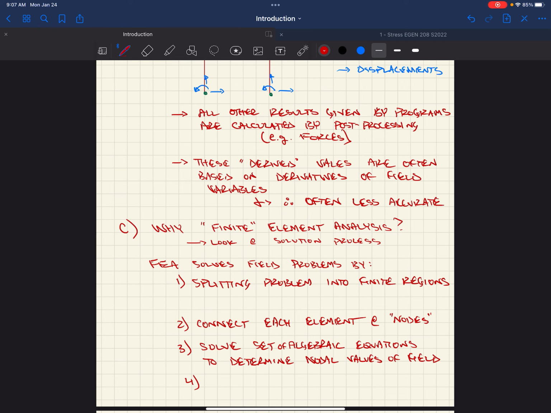If it was displacements or rotations, we break it up into these finite regions, connect them at nodes, and do a bunch of background algebraic manipulations and calculations to figure out what's going on at each one of those nodes, the intersection of each of the elements.